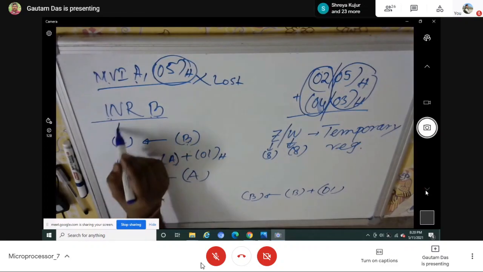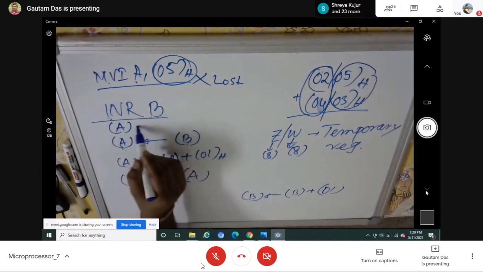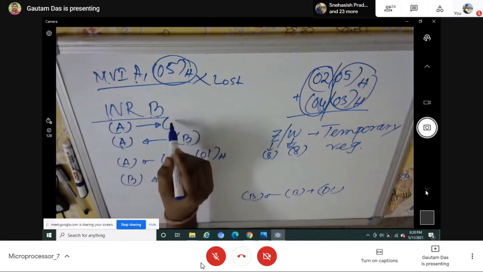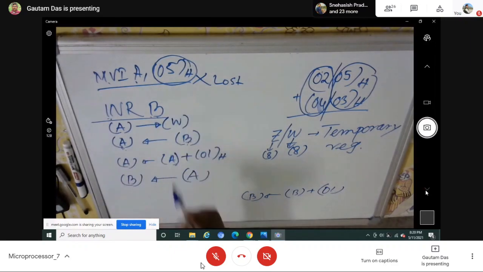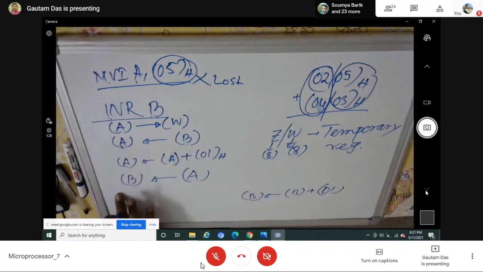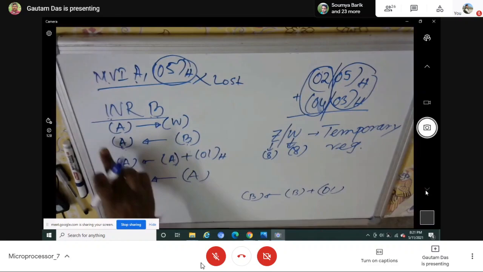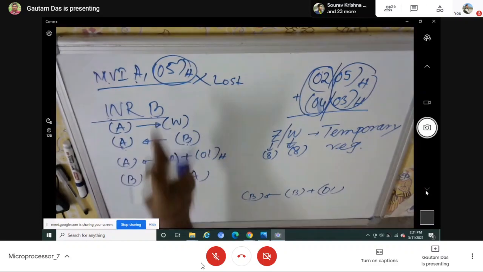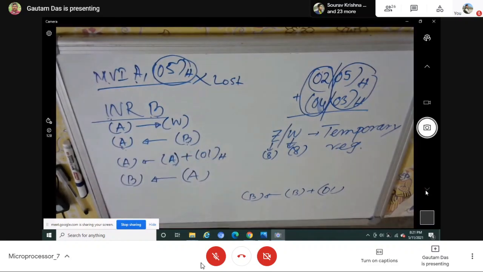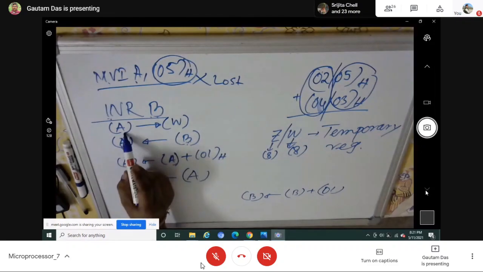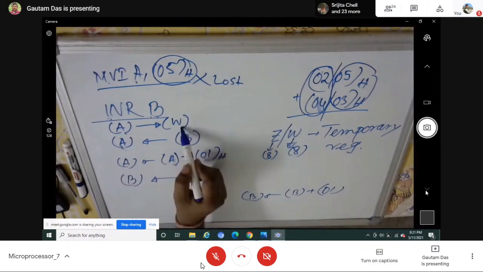That's why before it, the processor will move the accumulator content into one of the temporary registers, like suppose W. In the earlier case, whatever question you raised, that if the processor follows this step, my original information at A is lost. But actually it is not lost. The processor will follow some other two steps. Additional two steps are there in INR B. First, the processor moves the accumulator content into a temporary register.